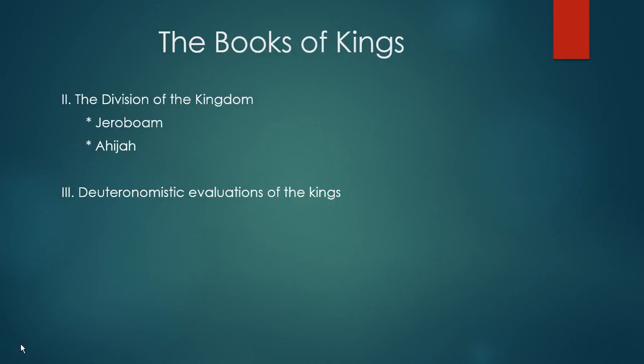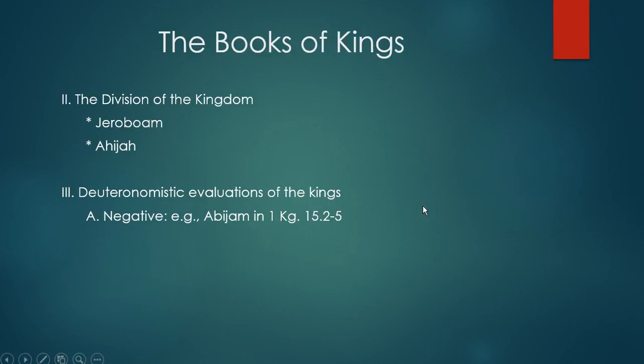And so this is what I mean when I say that 1st and 2nd Kings is written through the lens of Deuteronomy. How well do each of these kings follow the requirements of loyalty to God that Deuteronomy had set forth? And so let's look at a couple of examples of some of these formulas.